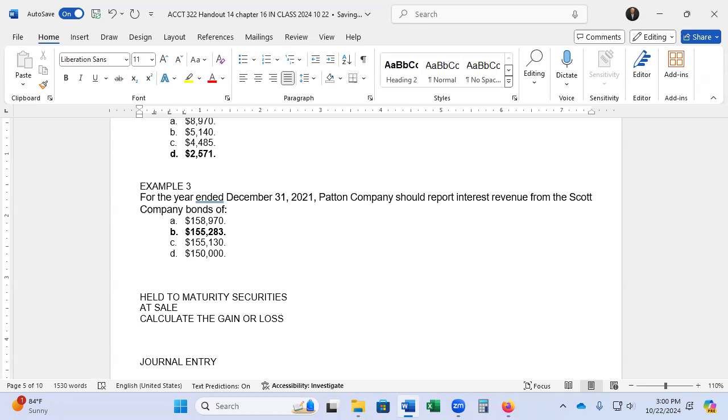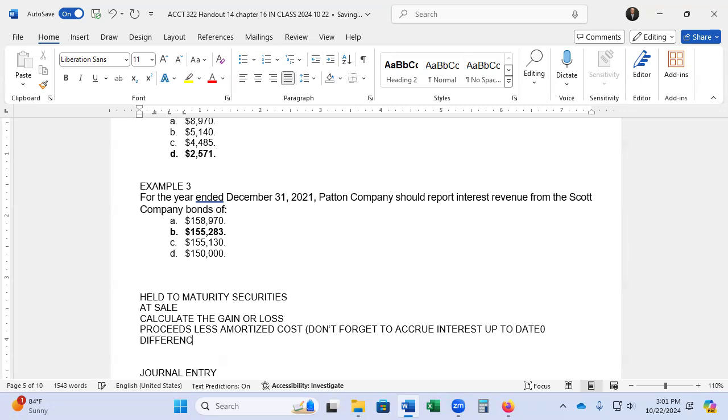And the calculation is to take your proceeds less amortized cost. And keep in mind, don't forget to accrue interest up to date. And the difference is a gain or loss.